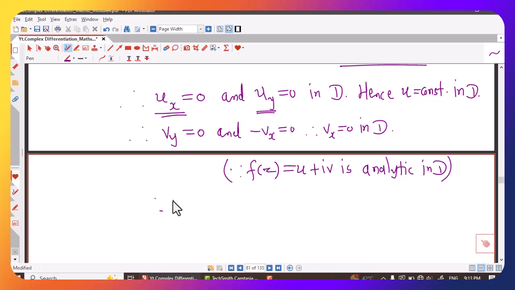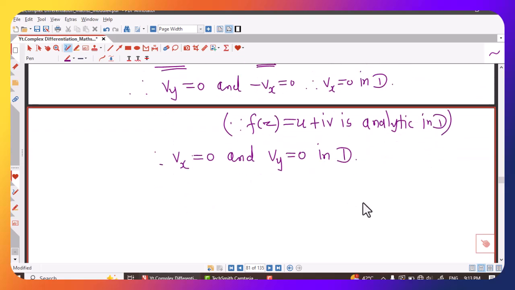So I find that del v by del x is also 0 and del v by del y is also 0 at every point in domain D, and this gives me v must be equal to constant in domain D.